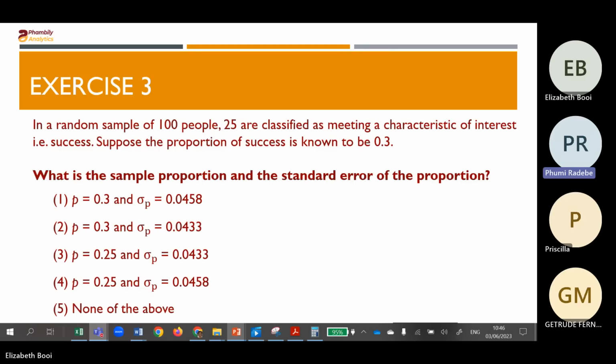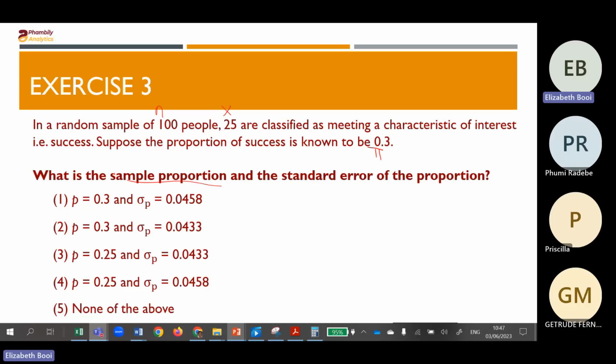Okay. Now we have the proportions. In a random sample of 100 people, 25 are classified as meeting a characteristic of interest, that is success. Suppose the proportion of success is known to be 0.3. So we are told the sample size, we are given our X, we are given our population proportion. You need to be able to identify the facts given to you in the question or in the statement.